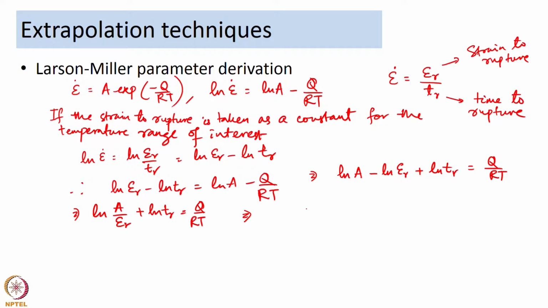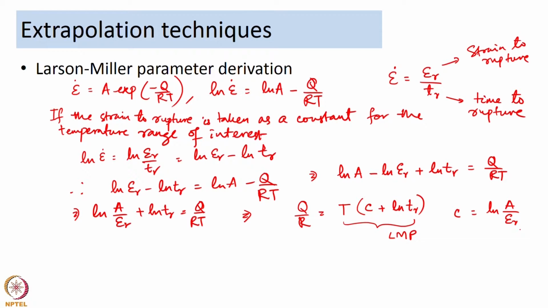If you take temperature to the other side, you end up with Q over R is T into C plus ln t r. This T into C plus ln t r is known as the Larsen-Miller parameter, where C is equal to ln A by epsilon r. That is the value of C.